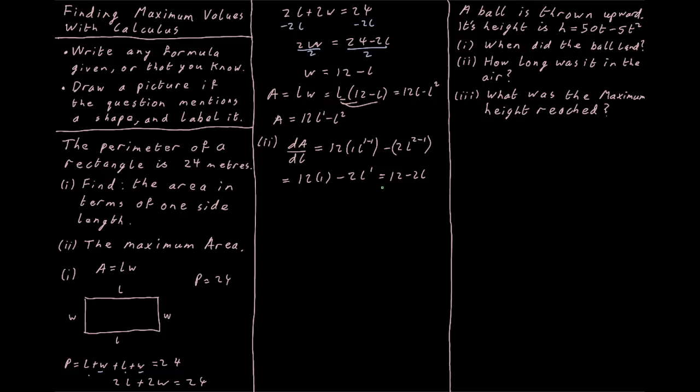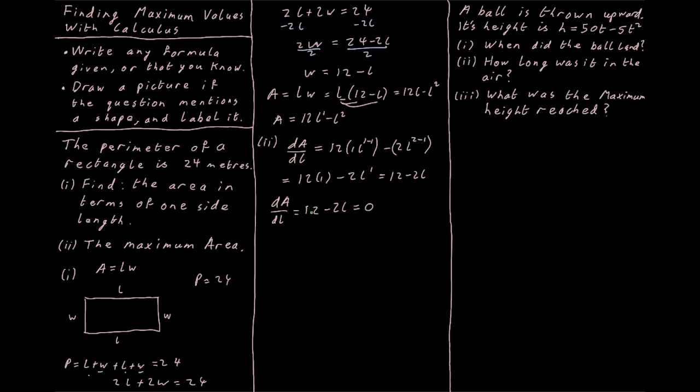So I want to know when the maximum happens, and I know that's when my slope formula, my rate of change formula, is equal to 0. So dA/dL has to be equal to 0: 12 minus 2L has to be equal to 0.